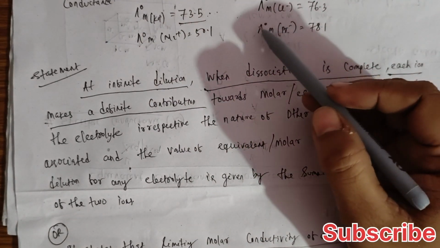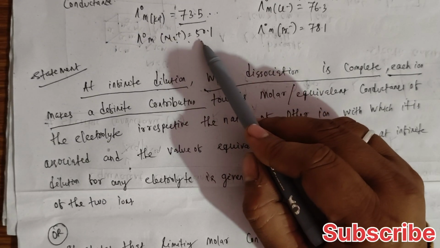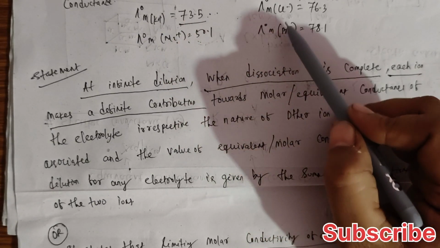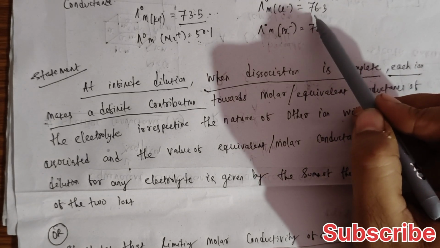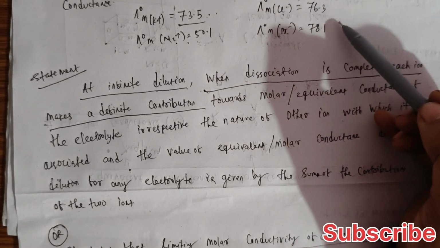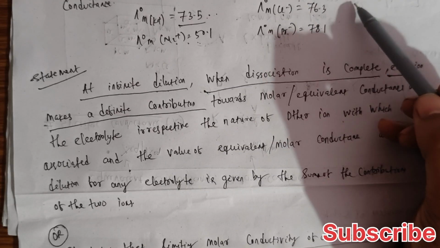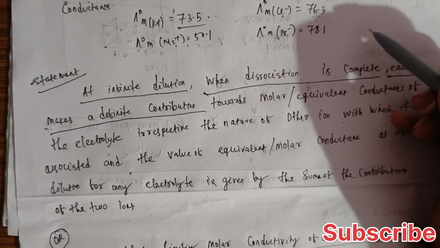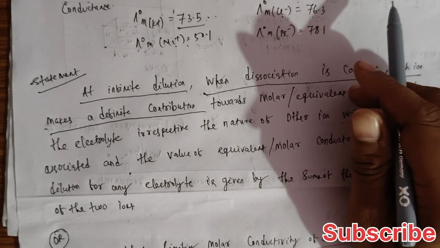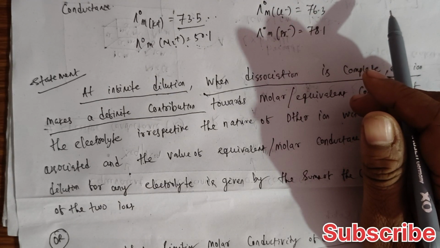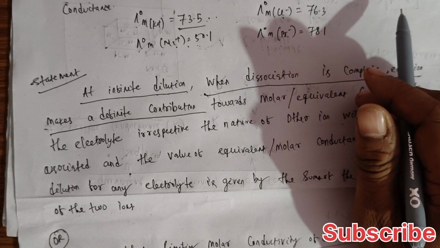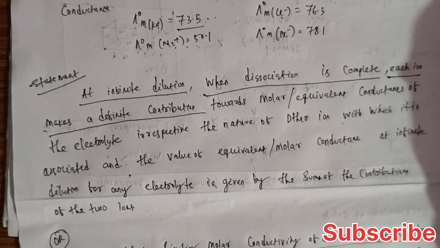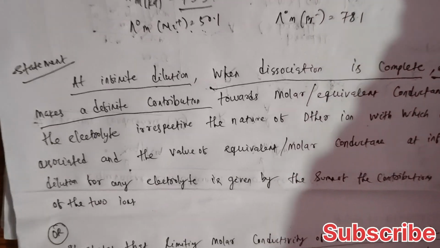Like in NaCl, Na plus contributes its own molar conductance, that is 50.1, and Cl minus contributes its own, that is 76.3 ohm inverse centimeter square mole inverse. Its unit everyone knows. I think it is clear to all of you what it means.